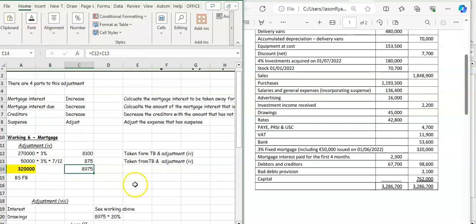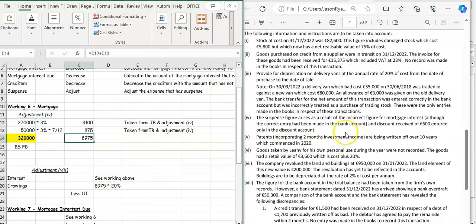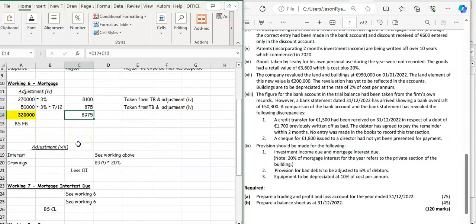Now I always put my mortgage interest due together. So I'm going to check and see if it's saying anything towards the end about mortgage interest. So it says 20% of mortgage interest for the year refers to the private section of the building. So of this 8,950, I need to find 20% and reduce this mortgage interest by 20% and then put that figure into my drawings.